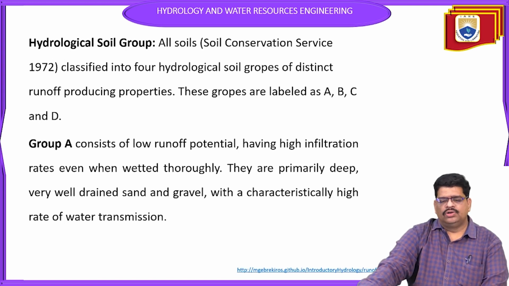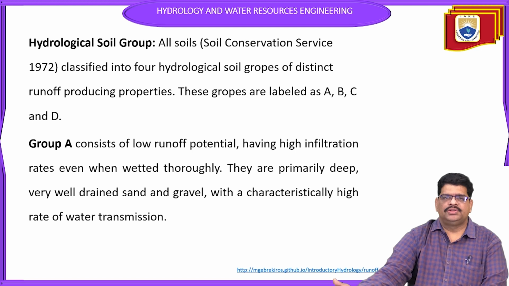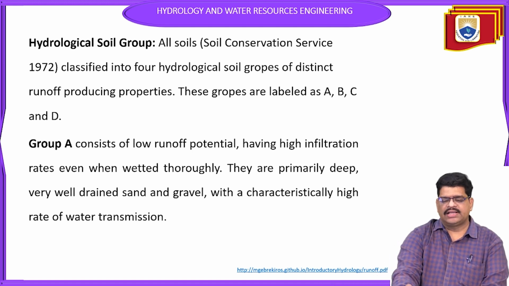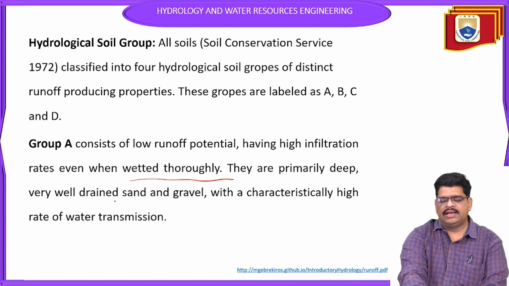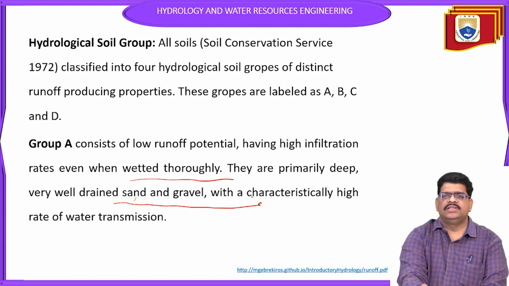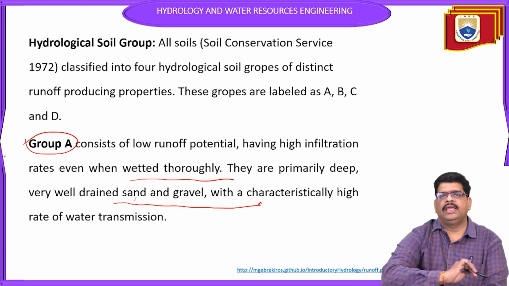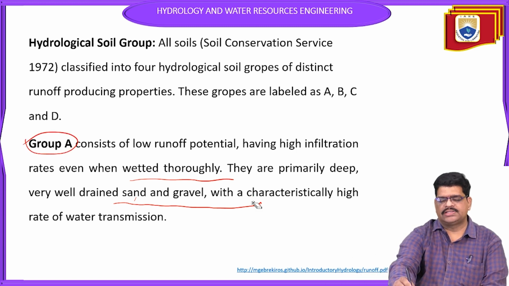As I told, in the hydrological soil, the curve numbers can be bifurcated. Let us see that one. It can be bifurcated into four groups of soils: A, B, C, and D. Group A consists of soils with high infiltration rates when wetted thoroughly. They are primarily deep and very well drained sands or gravels. This comes under the group A soil.